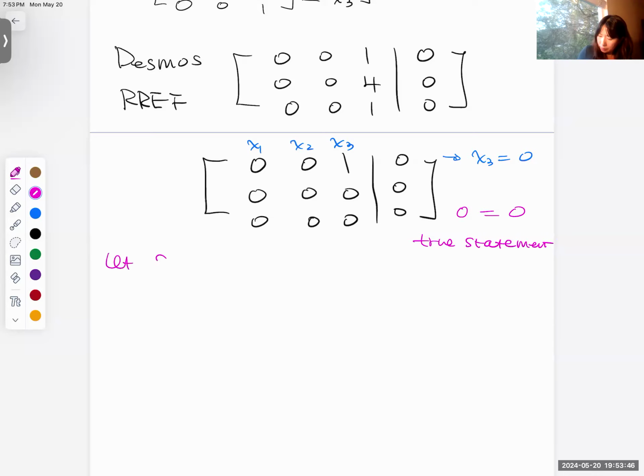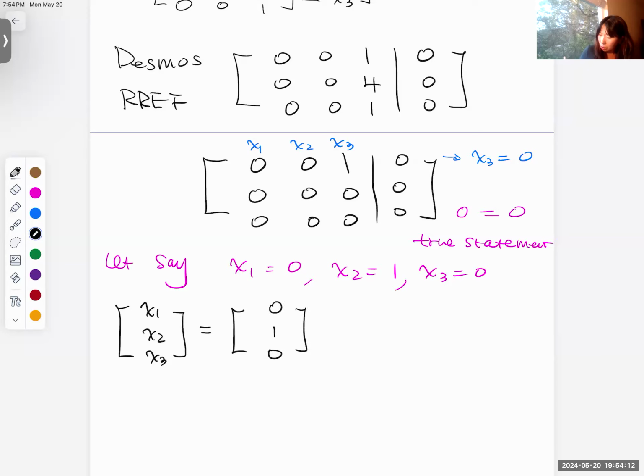Your classmate Robert picked x of 1 equal to 0, x of 2 equal to 1, x of 3 equal to 0. So we don't have all the eigenvector entries 0. This is very good, very clever.